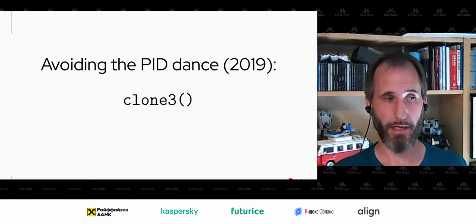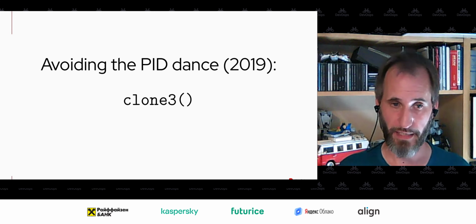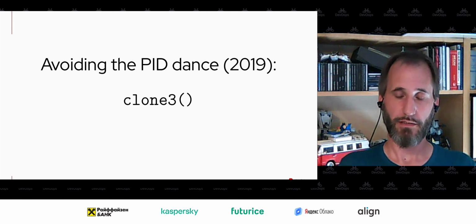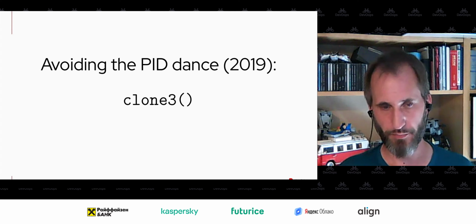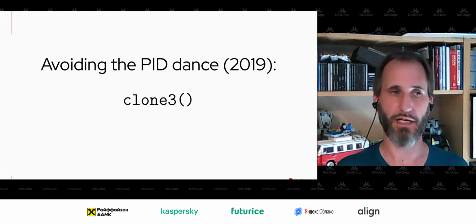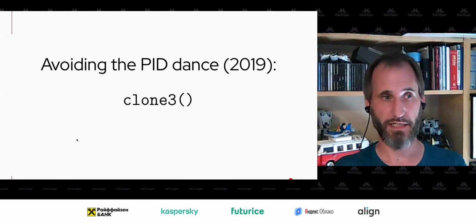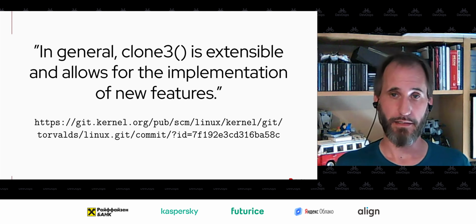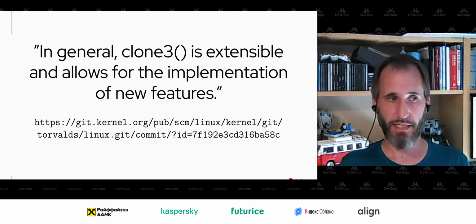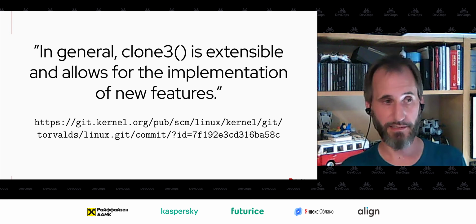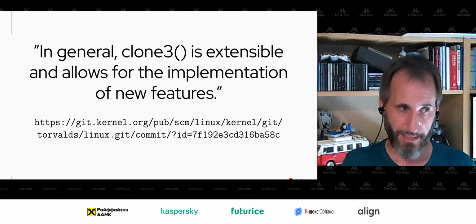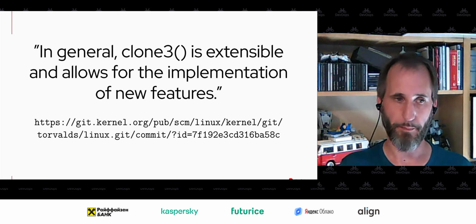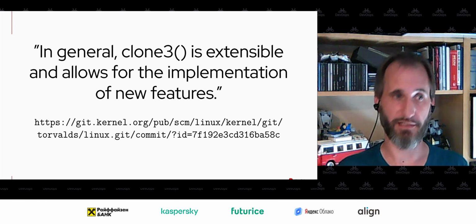So we started last year again to get something in the Linux kernel which enables us to tell the kernel we want to create a process with a certain PID. 2019 introduced clone3, and clone3 was from the beginning designed to be extensible so that you can add additional features to this new system call once it already existed.